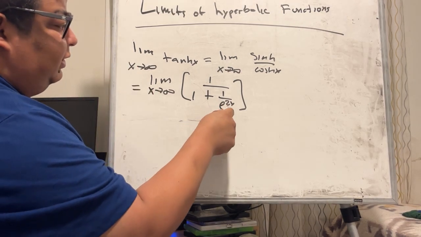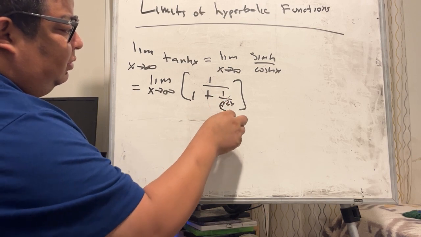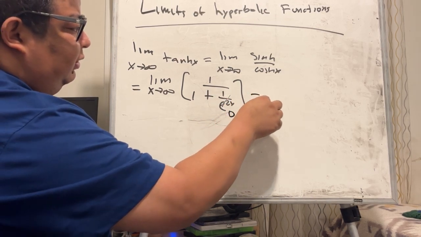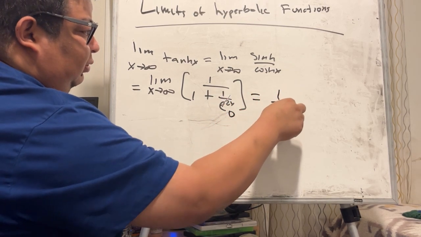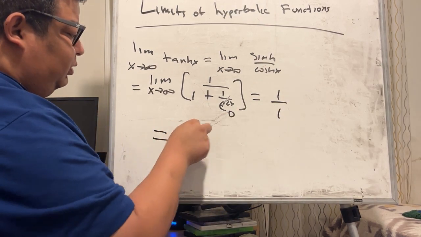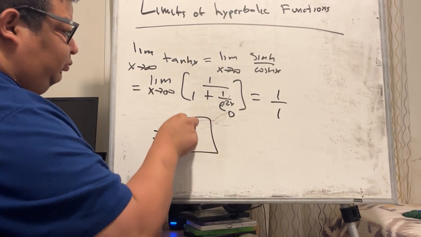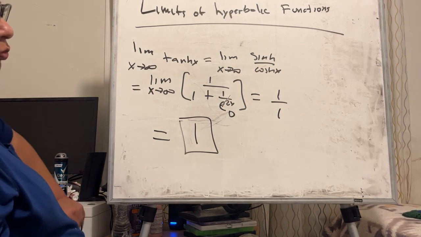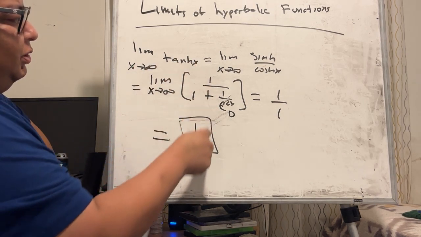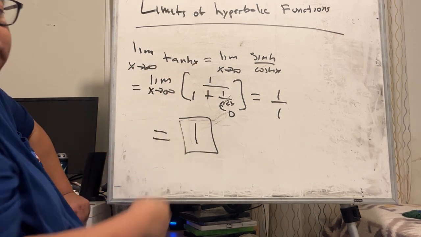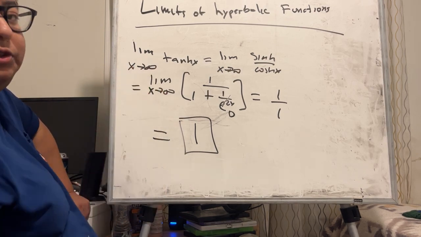Then when we take the limit, this becomes 0 and we're left with 1 over 1, which is 1. So this limit of tangent becomes 1 as x approaches infinity.